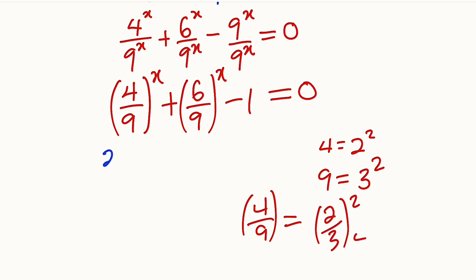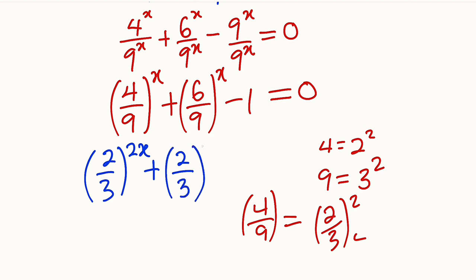So we have 2 over 3 all to the power of 2, but that 2 will have to multiply the initial power x. So we have 2x plus, both numerator and denominator here can be divided by 3. So 6 divided by 3 is equal to 2 and 9 divided by 3 is equal to 3. All to the power of x minus 1, and to the right we have 0.